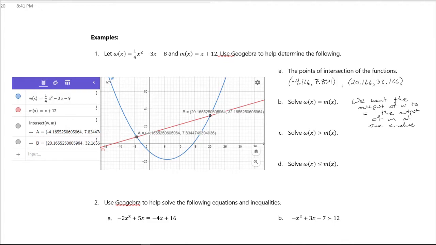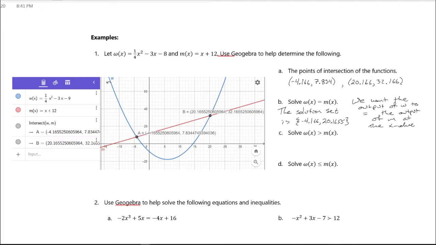When x equals negative 4.1655, etc., then both w and m output 7.83447, etc. So we can say the solution set is negative 4.166, and then we also see when x is 20.1655, then both functions output the same value, 32.1655. So those x values are the solutions to this equation.